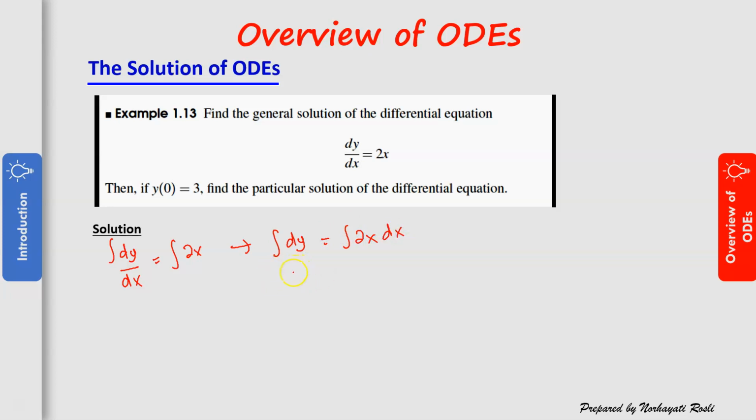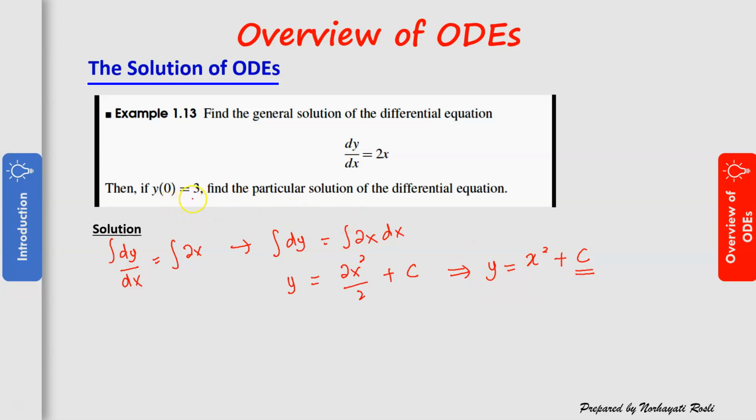So when we solve this, we have y equal to 2x squared divided by 2 plus c, which means y equal to x squared plus c. Since we have an arbitrary constant here, we call this our general solution.